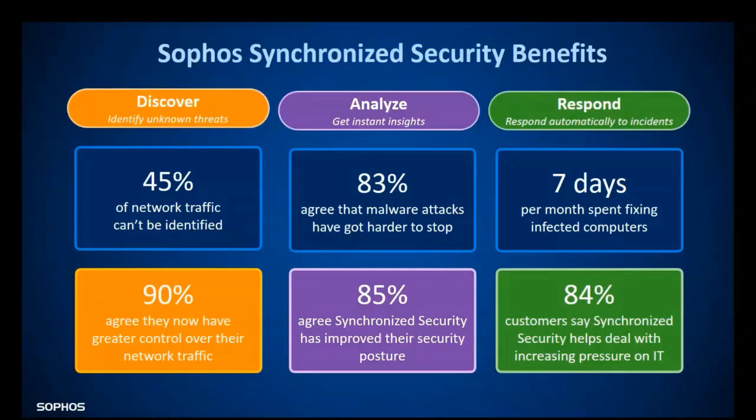And 85% of customers who use synchronized security agreed that it greatly improved the posture of their network and helped them reduce this time month over month. So that's the advantage of Sophos: one vendor for all your security products and offerings.